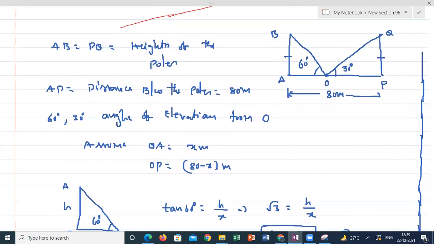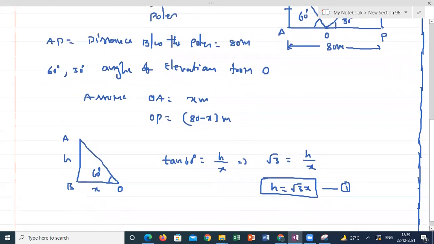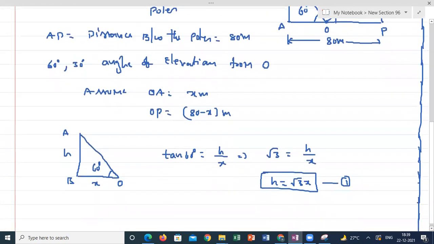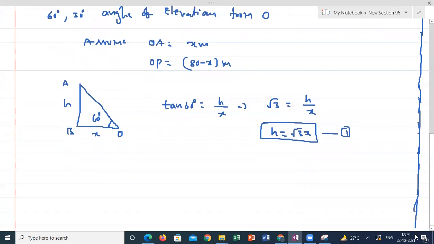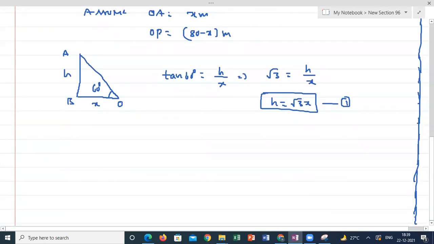So I'm taking triangle OAB, taking AB as H meters and OB as x meters, and applied the tan 60 value here. Understood what I did? So I got one condition stating that the height of the pole is equal to √3 times x, where x is the distance between the AB pole and the observation point O.